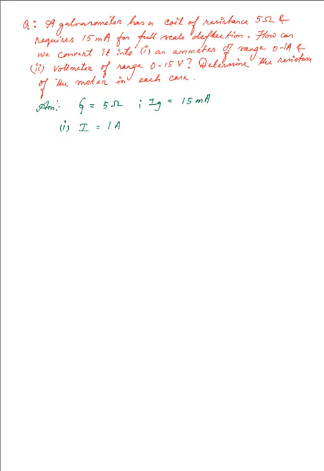Now the shunt resistance, as we know, is simply expressed as Ig divided by I minus Ig times G, and that equates to Ig being 15 milliampere, which we take in terms of ampere, so we have 1 ampere minus 0.015 amperes, multiplied by 5, the resistance of the galvanometer, and this approximately results to 0.076. Correct me if I'm wrong, you can check for yourself.